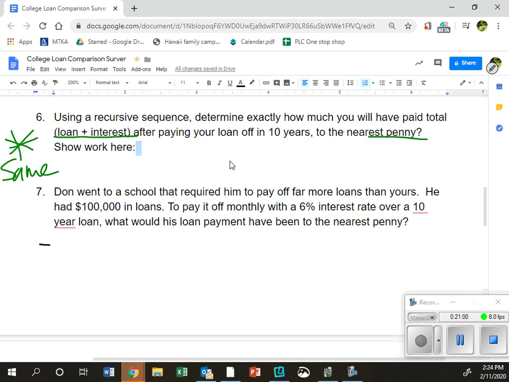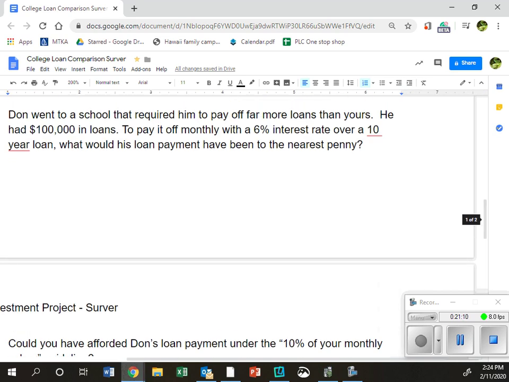Don went to a school that required him to pay off far more in loans than yours. He had $100,000 in loans. So basically, you're doing a new thing where you're figuring out Don's payment. Don's payment is a lot bigger. I'm going to round here. Let's say Don's is about, no, it's not like 700. I'm going to round it to like 1,100.